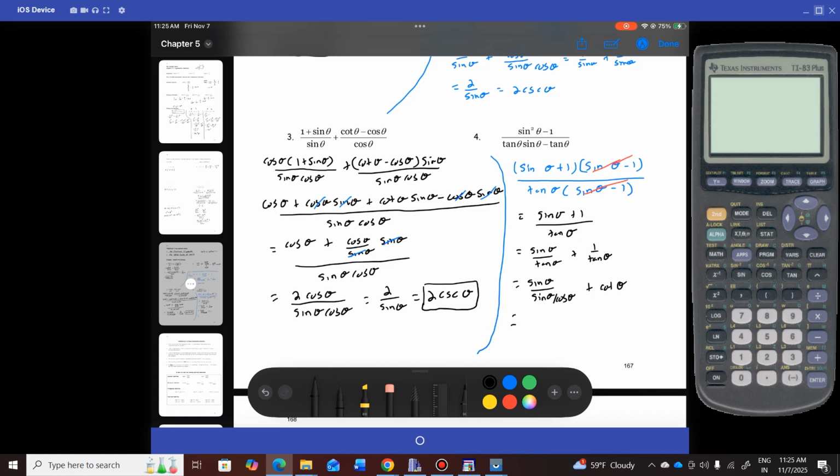And then this, the sines cancel out, so you end up with just cosine theta on the top plus cotangent theta. Okay, now no fractions. We have two terms. I don't think we could make it down to one, and so this is the best we can do.